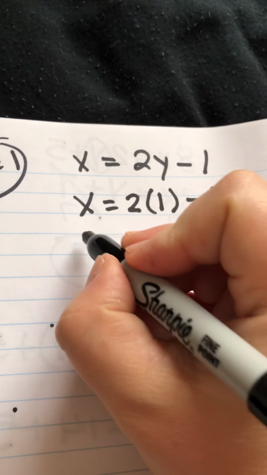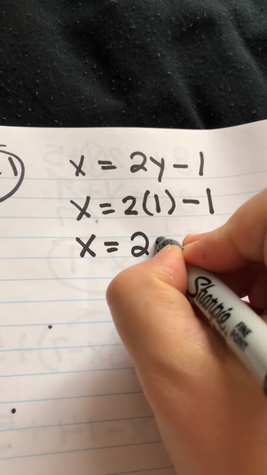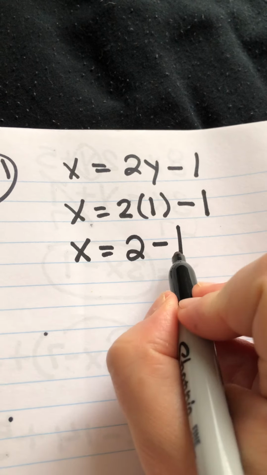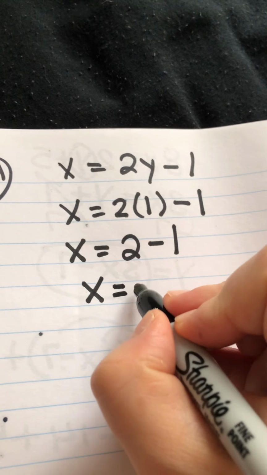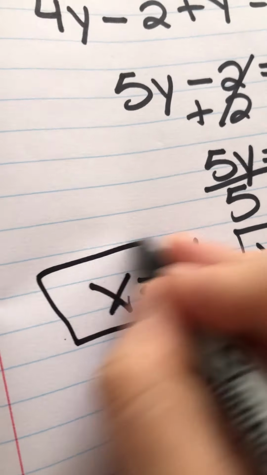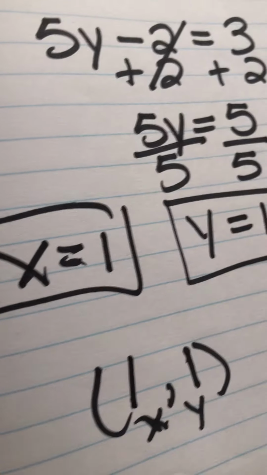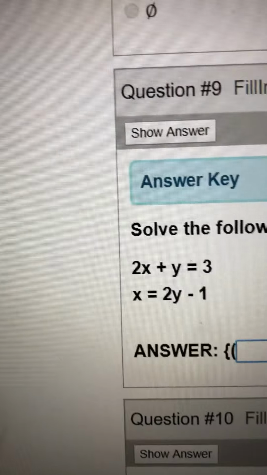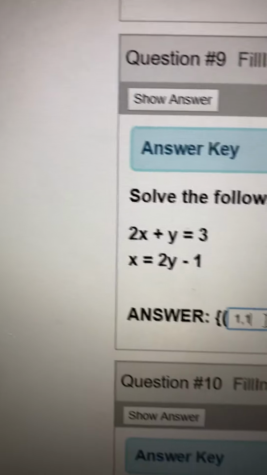So now I'm doing 2 times 1, which is going to be 2, and 2 minus 1, which is going to be 1. So x is also 1. So our ordered pair would be 1, 1. So what I'm going to go ahead and type in over here is just going to be 1, comma, 1.